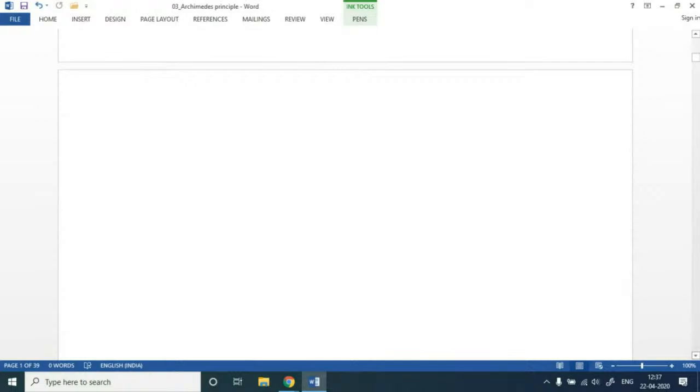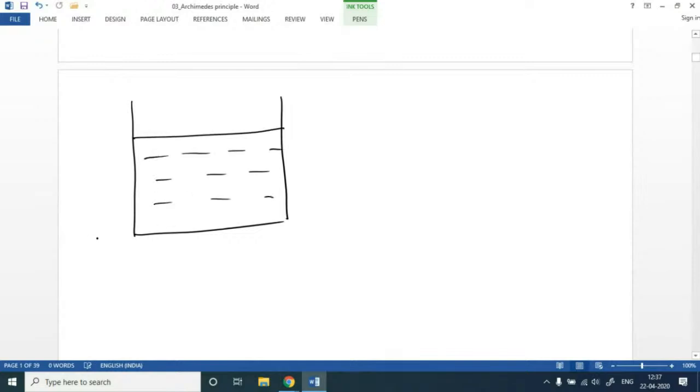Another case, let's talk about the effective weight concept. Say there is a container filled with some liquid, and say this is a static container, and we have some spring balance attached to which there is a block of mass m, or you can say its weight is W. W will be equal to mg.